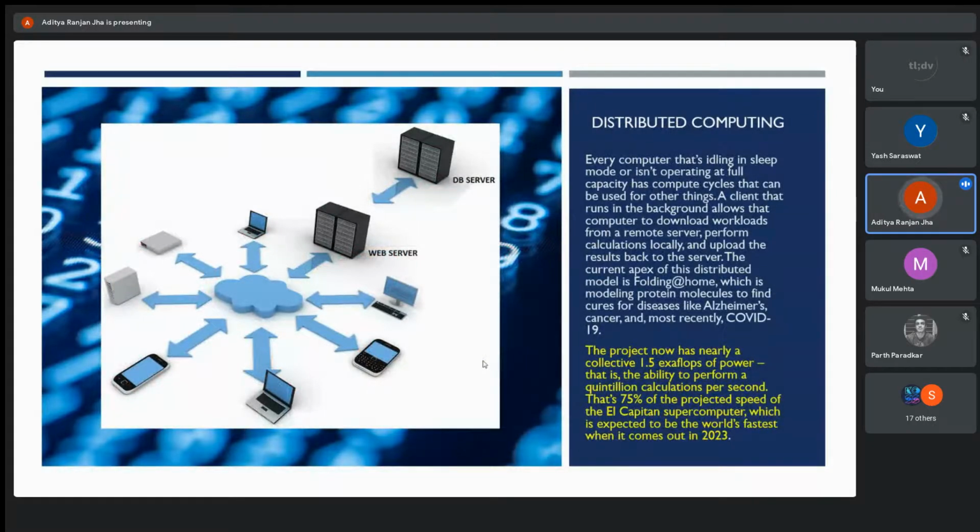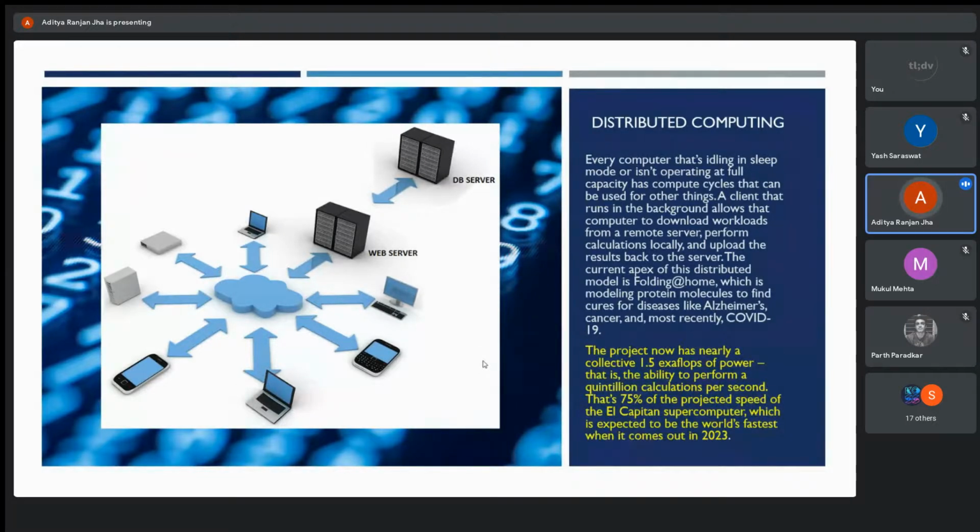This is, I think, something most of you might know about: distributed computing. It's developed, and it's not far off. Actually, we have that system. You might all have heard about Folding@home. It's an organization which you can join.